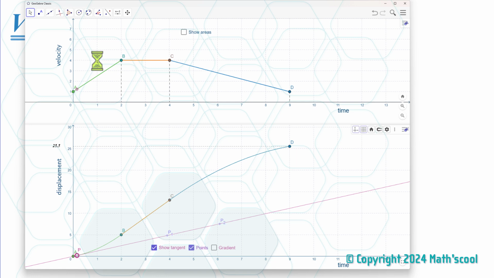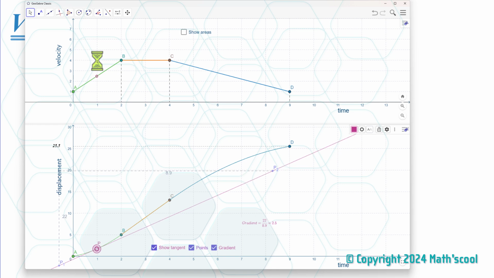I'm going to pick 2 points on the tangent. So I'll pick nice far apart points. I'll pick this point and this point. Oh, that goes so nice. And I'll ask it to work out the gradient. And it says the gradient there is 1.2. And remember, the gradient there was 1. Okay. So if I move this to t as 1, what you should find is the gradient increases.